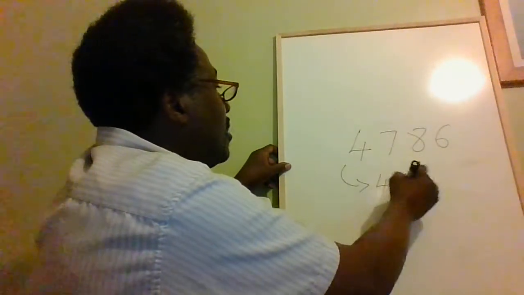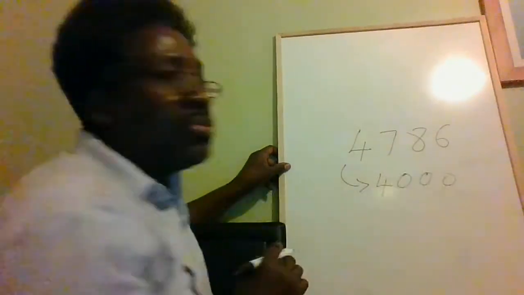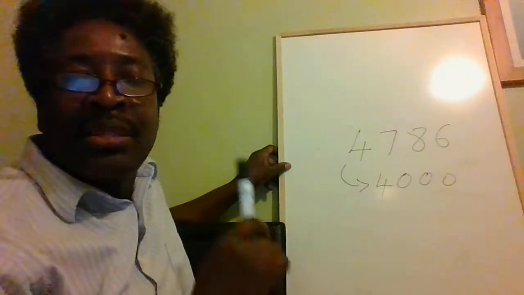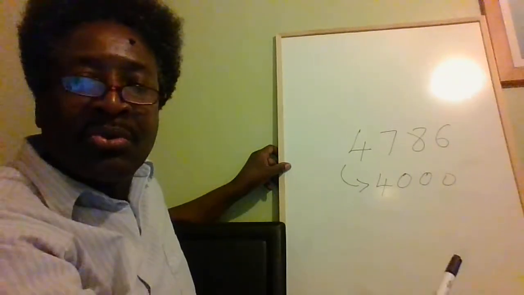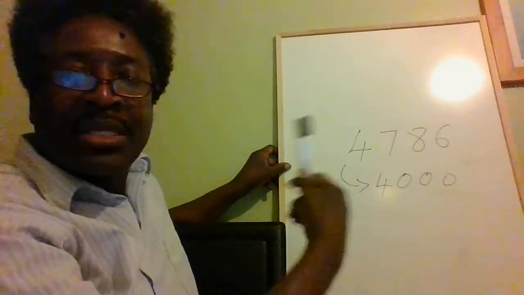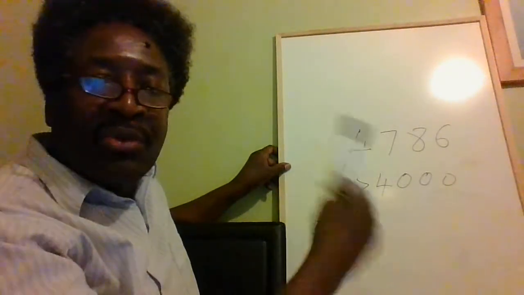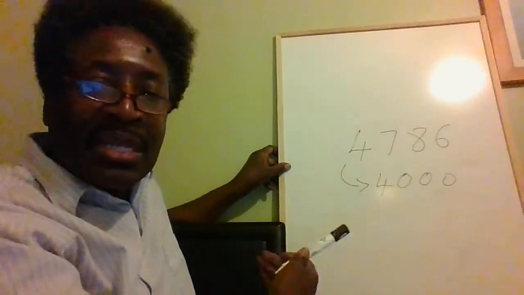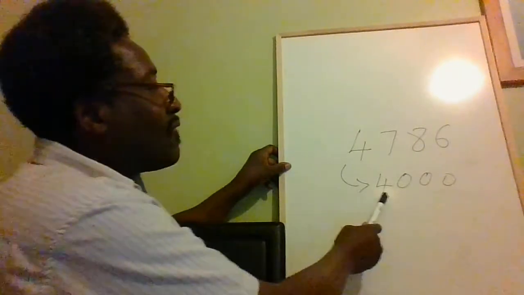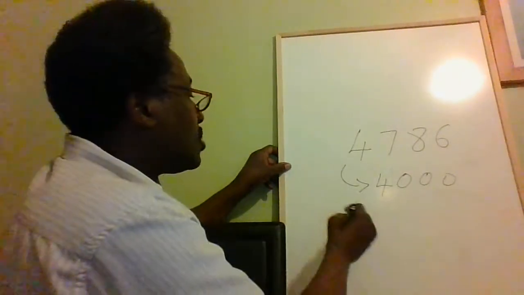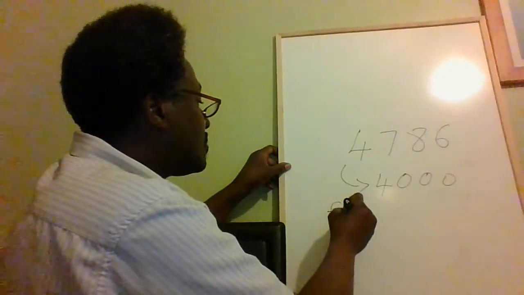Keep that 4, make these other 3 digits 0. You can clearly see this is 4,000 because remember, 1,000 has 3 zeros. 4,000 has 3 zeros. 7,000 has 3 zeros. So the first thing you write in words is 4,000.